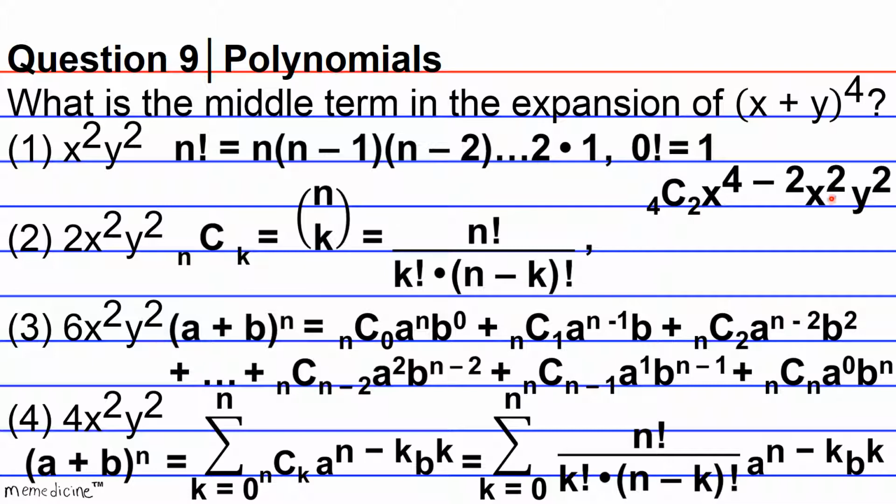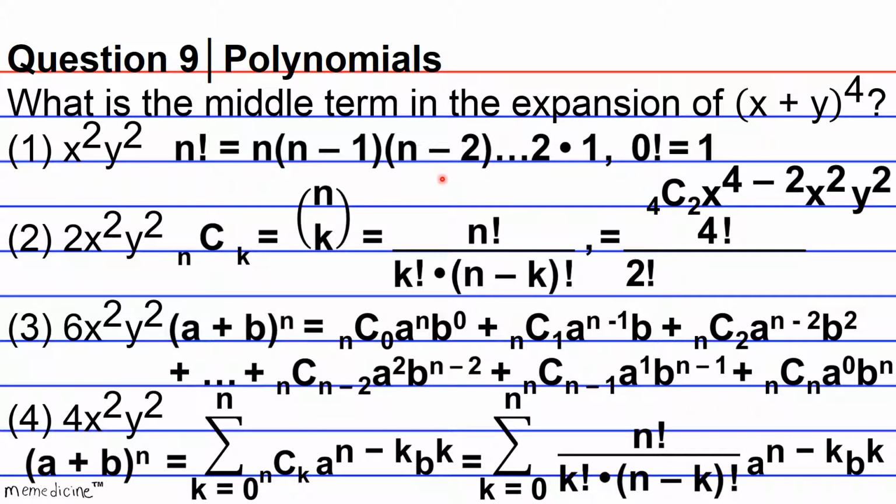raised to the n, again, n is equal to 4, minus 2, all right, times b, or y in this case, raised to 2. But again, instead of having a combination notation factor, we're going to substitute our n factorial notation.